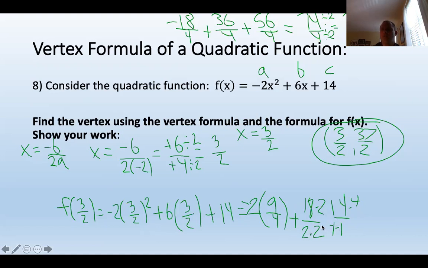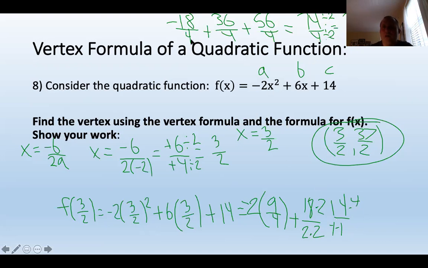So I converted all the denominators so that the denominator is 4 for all of them. To get from 2 to 4, you need to multiply by 2, so I also multiplied the 18 by 2. And to get from 1 to 4, I needed to multiply by 4, so I multiplied the 14 by 4 as well.